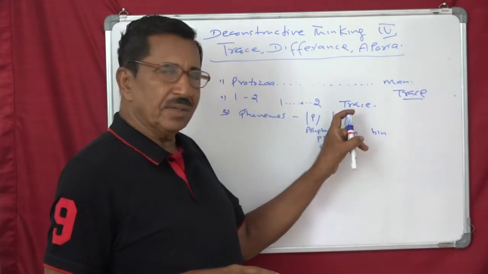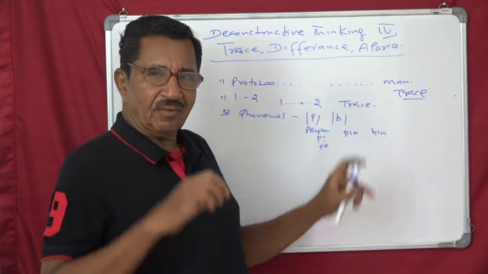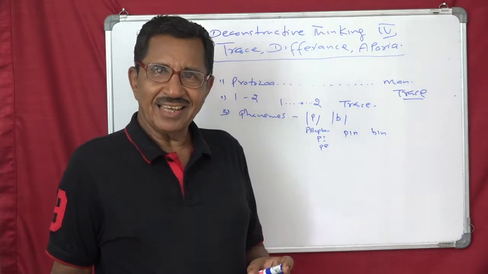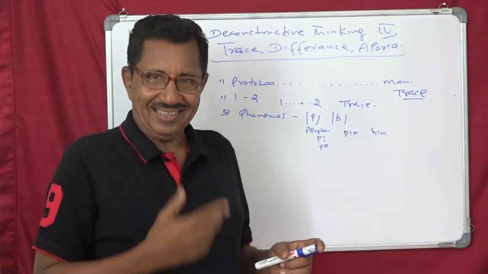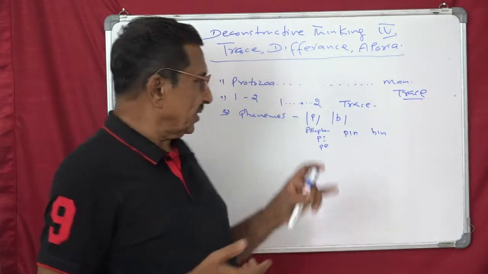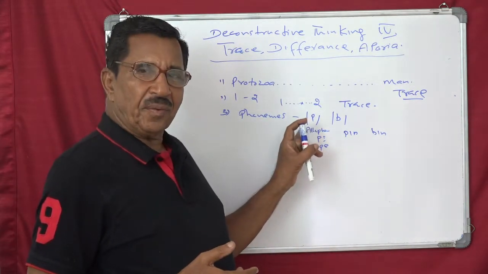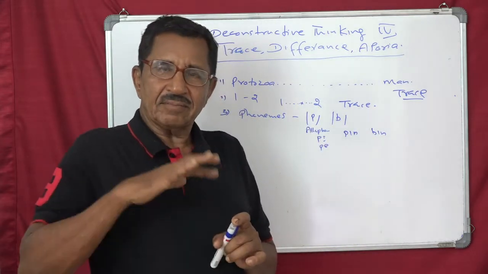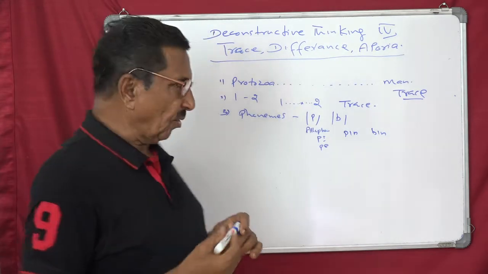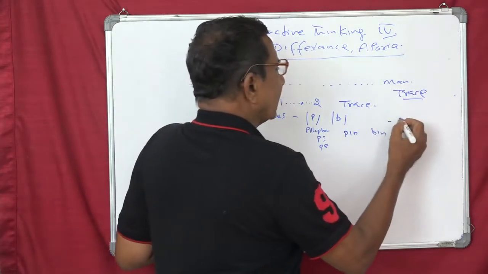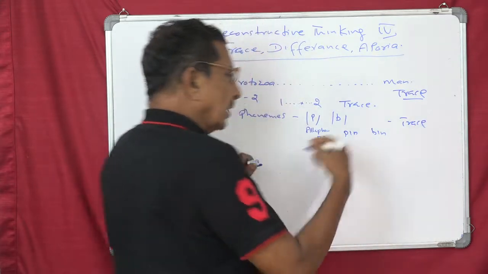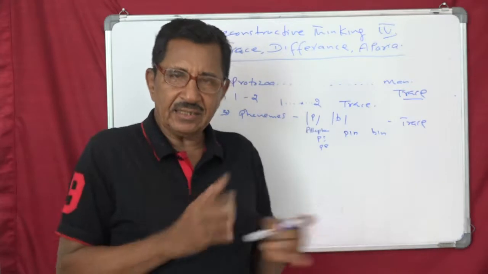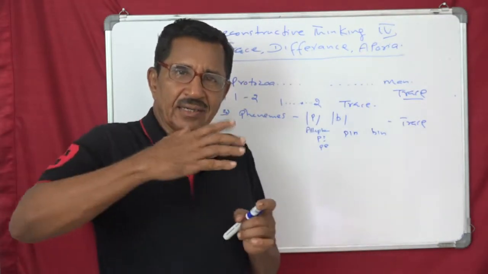Same with the others: what remains as residue, or what is common to them. Because your movement from phoneme to phoneme is not an absolute movement, but there is something common, and that common we call trace. You will find this in all the 44 phonemes. So there is a common aspect.